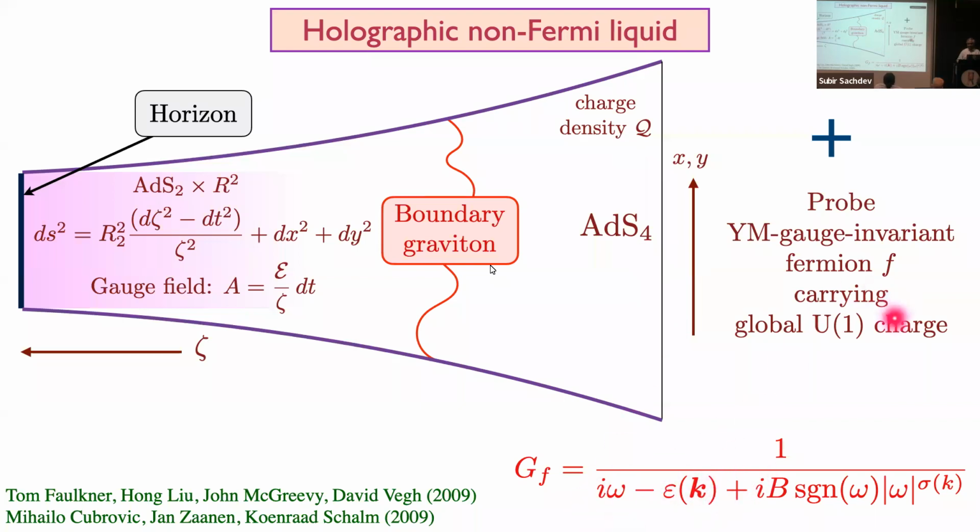But it's some other Fermi surface having to do with a chemical potential that's acting on the probe fermion. Anyway, you take this probe fermion and look at it, and indeed it has essentially the same form as the result of Patrick Lee, except this exponent is a function of k, and this singular part is coming from this probe fermion interacting with the AdS2 excitations.